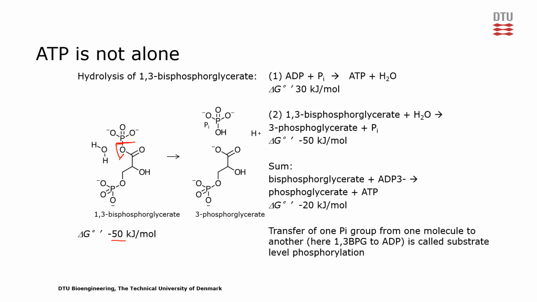This means we can transfer a phosphate group from the 1,3-bisphosphoglycerate onto the ADP and into the ATP. Now, this enables us to do what is called substrate level phosphorylation. I just mentioned the word down here. There you go. That's a very important reaction that we'll see in glycolysis. So this gives us the possibility to build ATP from ADP in this situation.